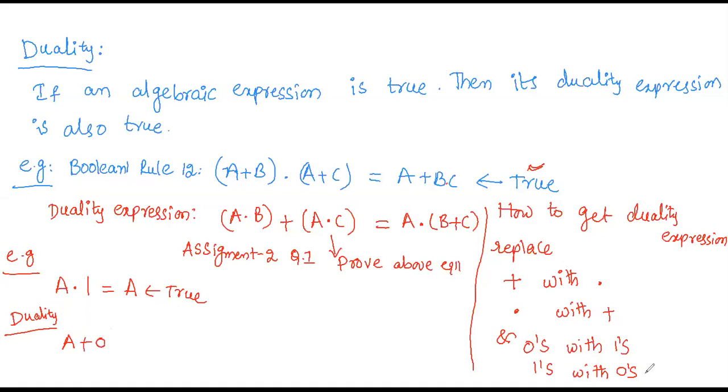The duality expression is A plus 0 is equal to A. Now, for example, an expression is like this: A dot A is equal to A. What is the duality expression?